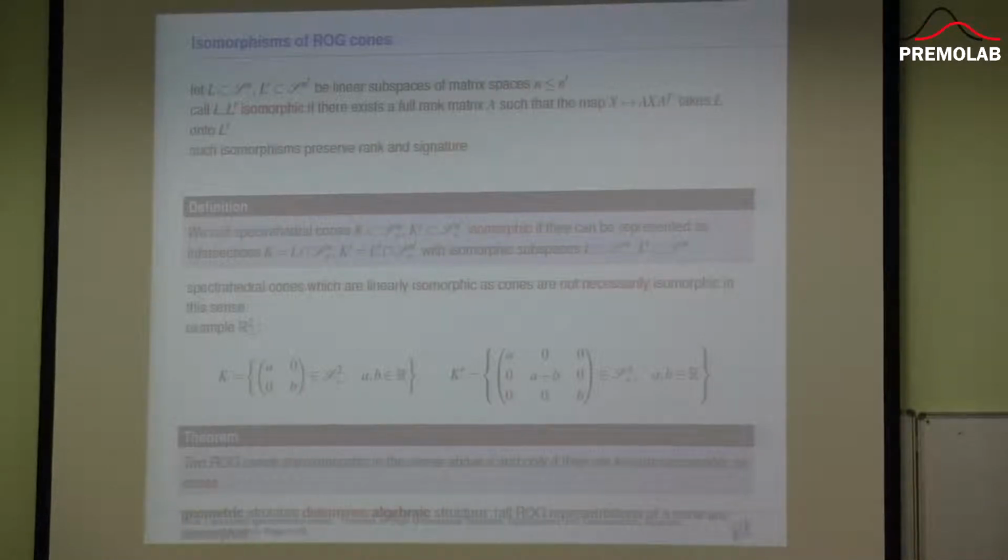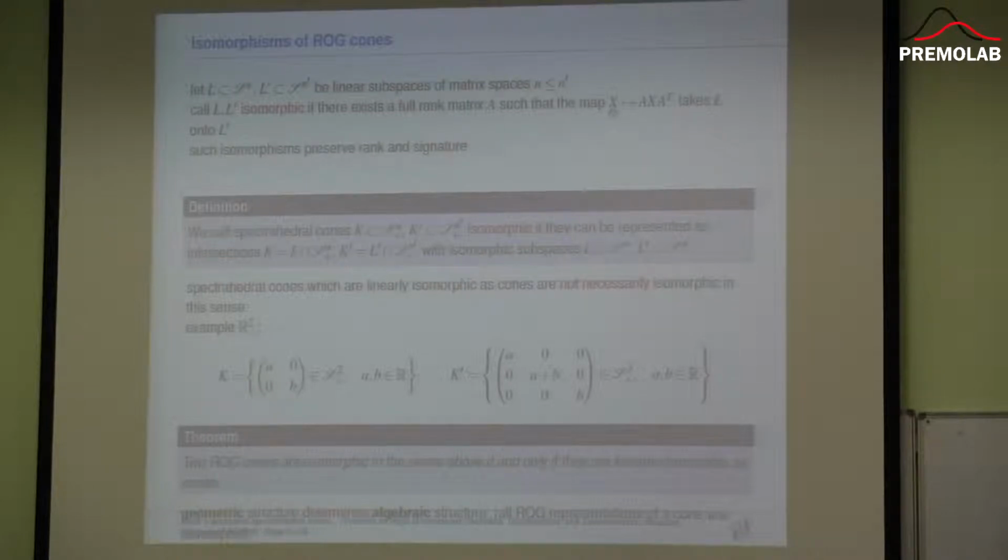And for rank 1 generated cones, it appears that this cannot happen. If we have a rank 1 generated cone and consider it just as an abstract cone in a real vector space, then all its representations as rank 1 generated spectrahedral cones are isomorphic, where the isomorphism is of this form here.